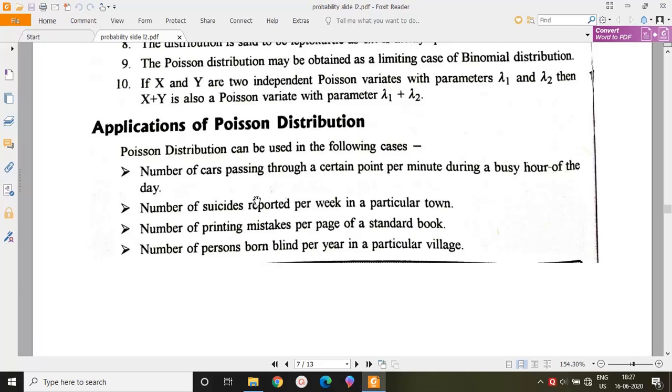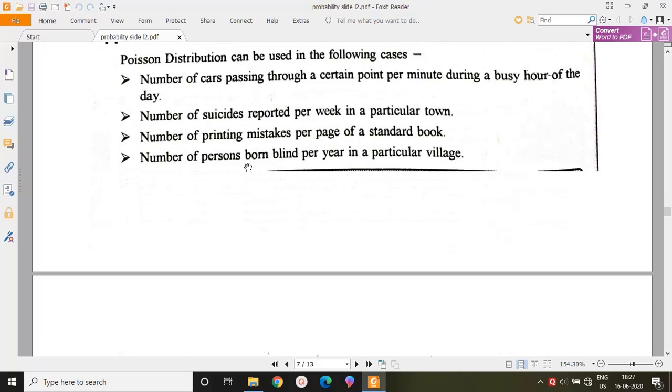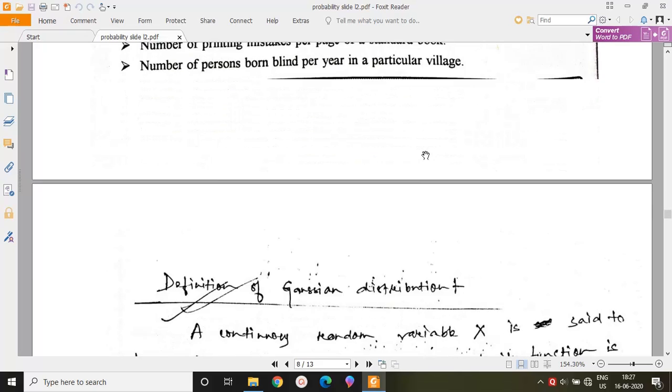The number of suicides reported per week in a particular time is also very low. So those are some of the conditions of Poisson distributions. The number of printing mistakes per page of a standard book also follows Poisson distribution.